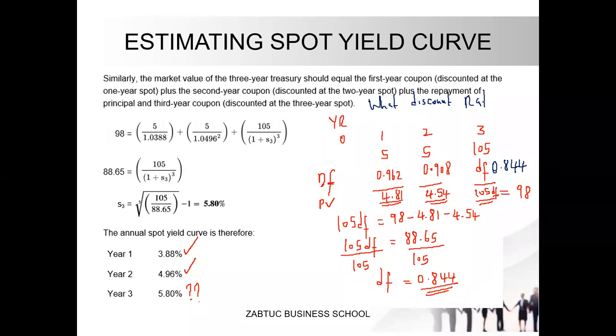What discount rate will give us this in year 3? This is your equation.